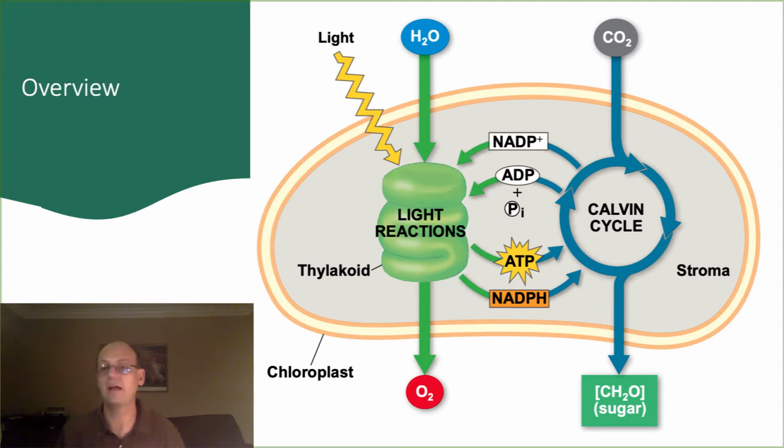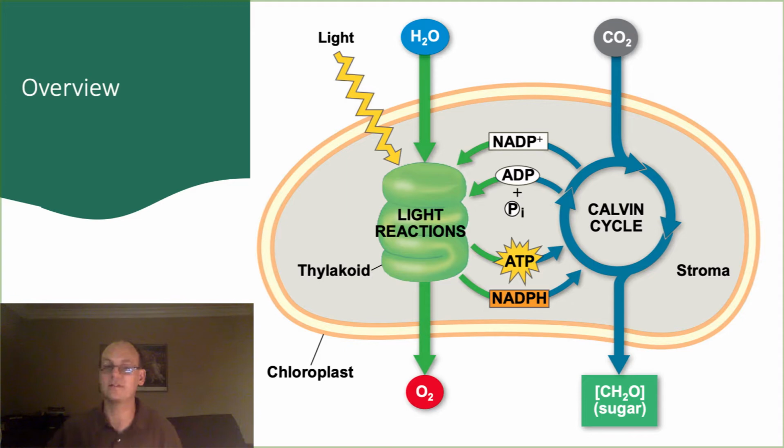These two high-energy molecules are then used in a set of reactions called the Calvin cycle, which bonds together carbon dioxide molecules to produce sugar. Remember that breaking up sugar molecules in cellular respiration is an exergonic reaction that releases energy.